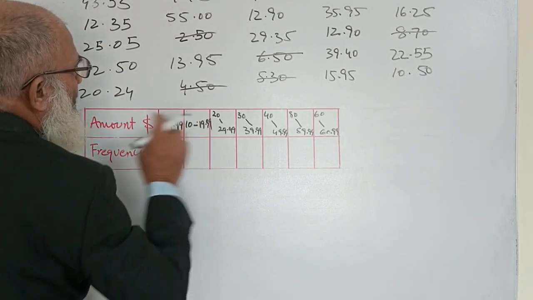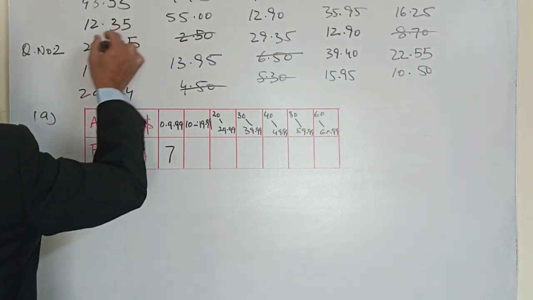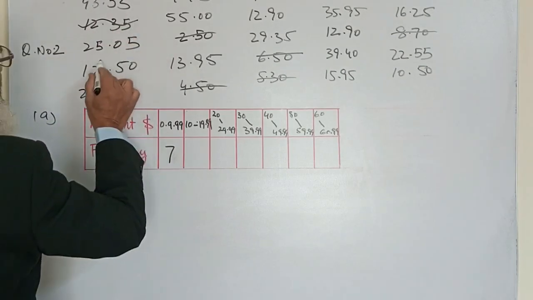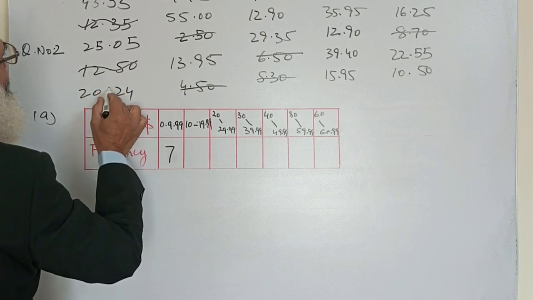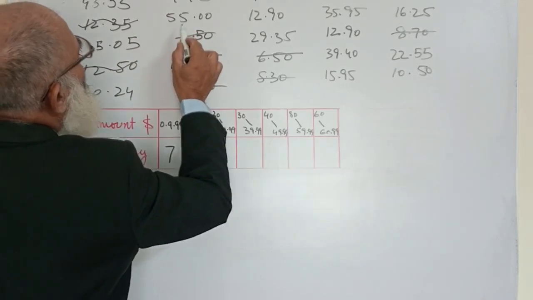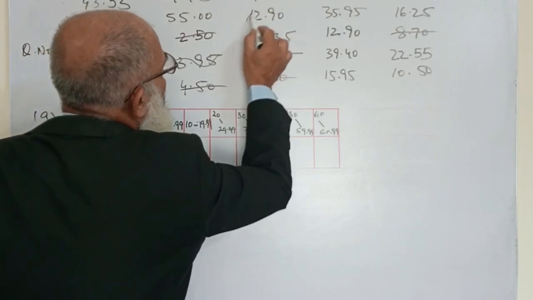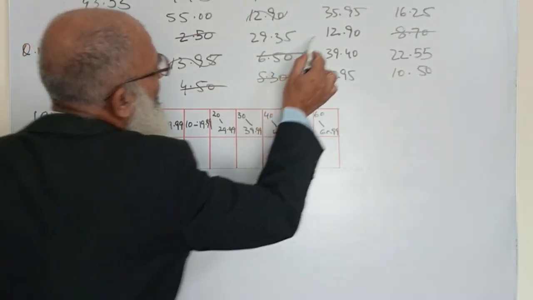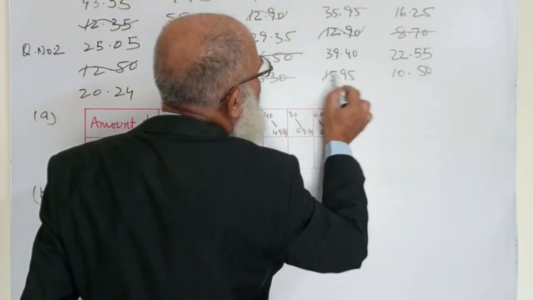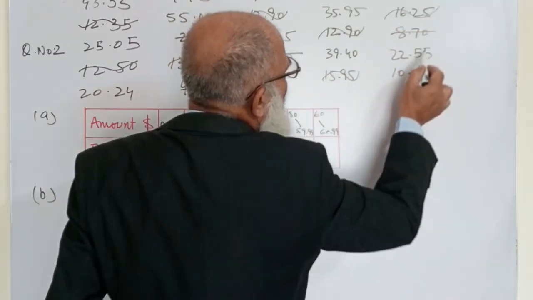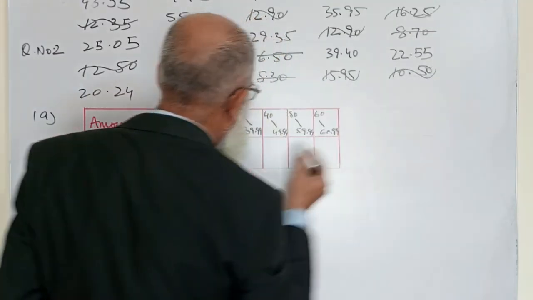Now 10 to 19. Number one, two, three, four, five, six, seven, eight, and nine.